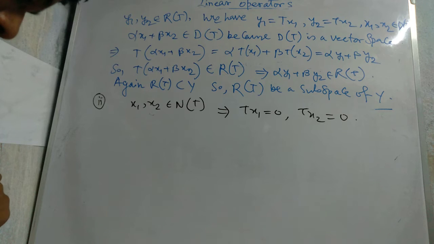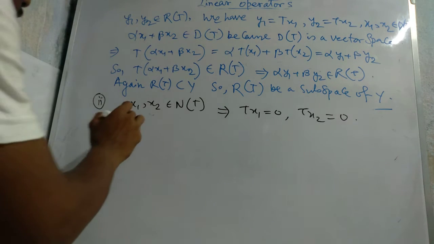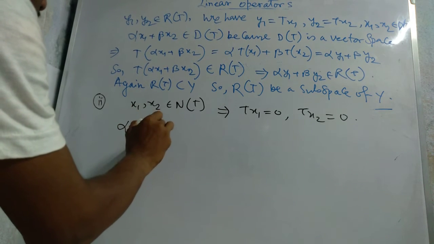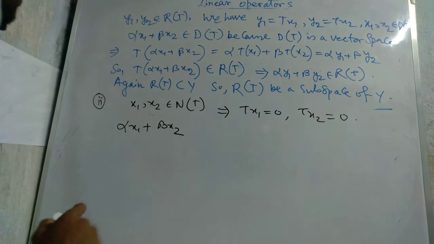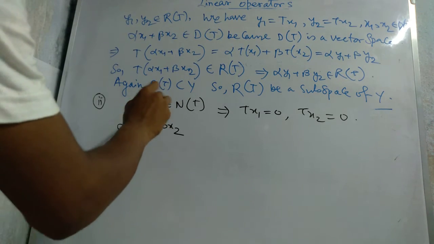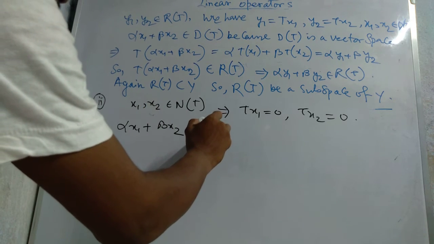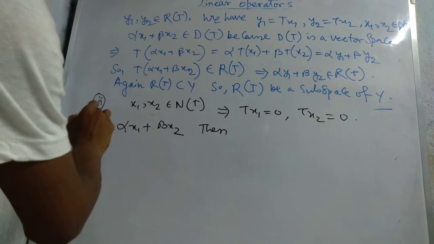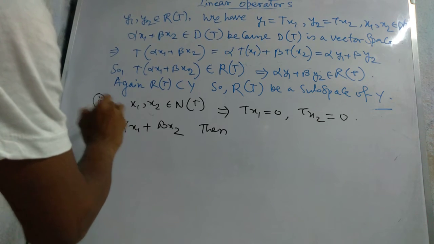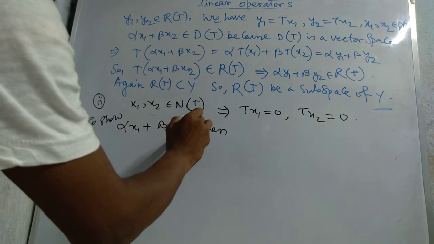Then we consider alpha x1 plus beta x2, and to show that alpha x1 plus beta x2 belongs to N(T).